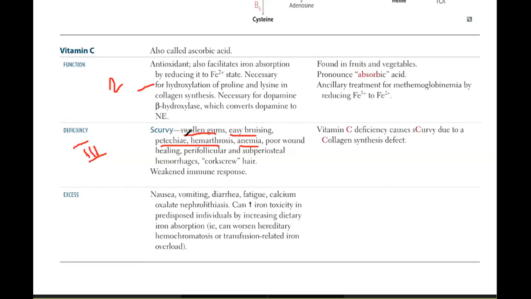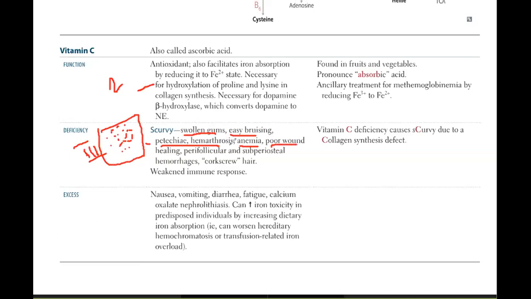That is called hemarthrosis. Petechiae means small blood marks on your skin, covering a large area. And then anemia, you all know, is decreased hemoglobin levels. Easy bruising means easy bleeding.